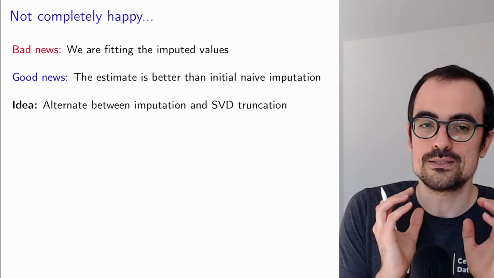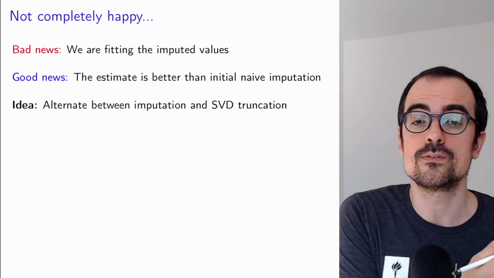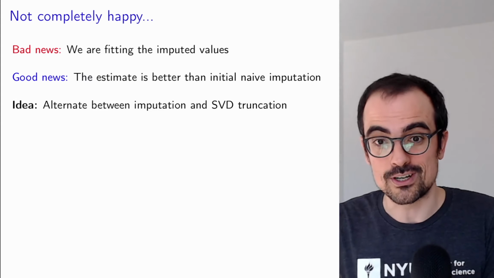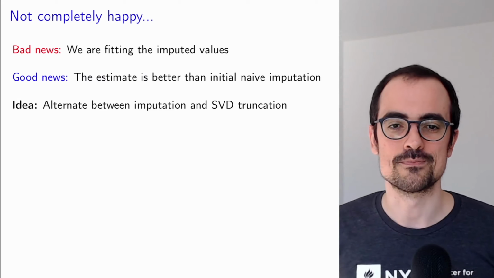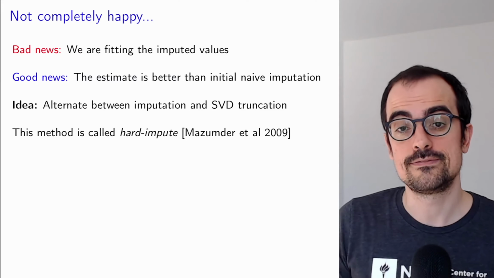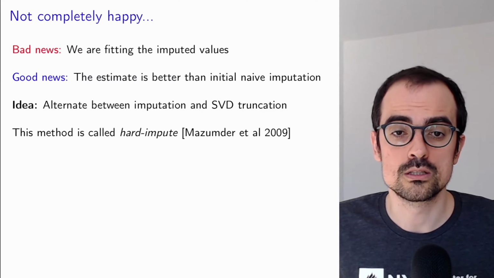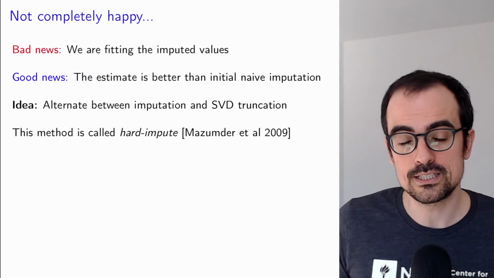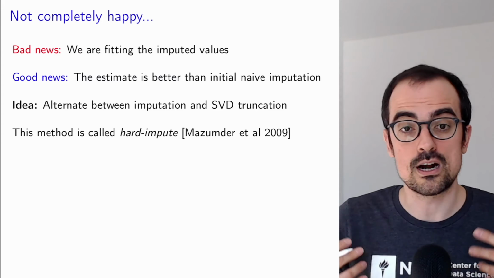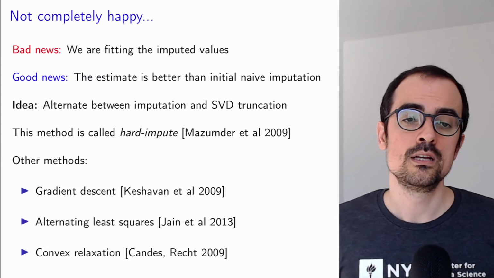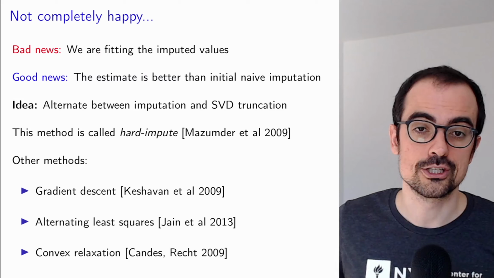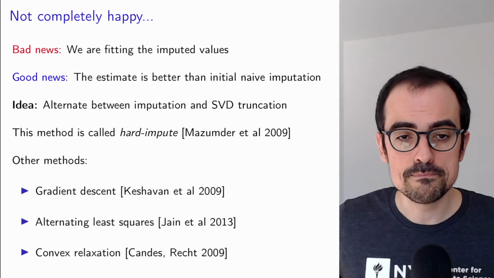We're going to alternate between imputing these improved estimates obtained with the rank 1 model and doing SVD truncation again to obtain a better rank 1 model. This is a method called hard impute. It's a way of fitting low rank models to incomplete matrices, to perform matrix completion. There are other methods that also work very well, including gradient descent, alternating least squares, or convex relaxations based on the nuclear norm.